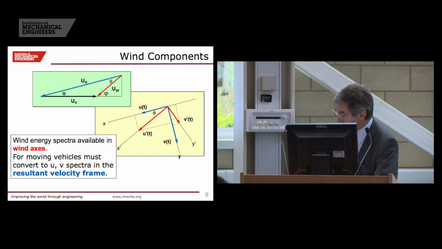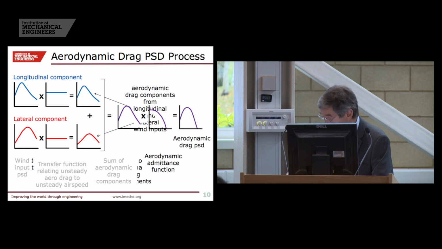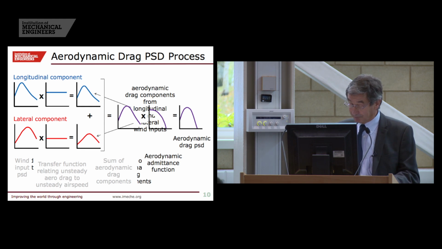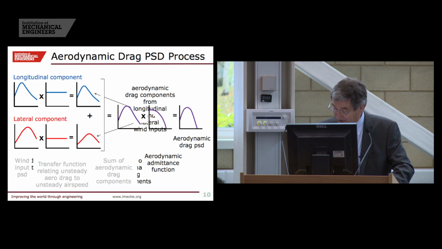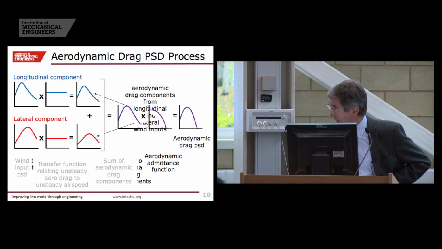So that forms the input to the computation process that I've used here, and so we break out the wind input PSD function for the longitudinal and lateral components along the resultant velocity vector.